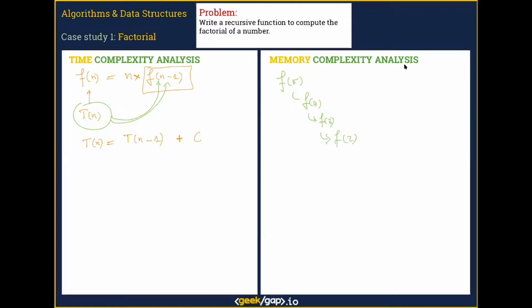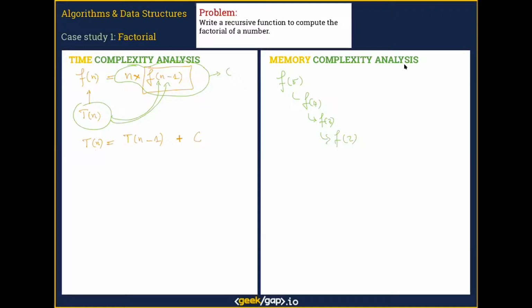If f of n minus 1 was given to us, it will be a constant time because it doesn't depend on n anymore. It's the time it takes to do this multiplication, which happens in constant time. But we have to take into account the time it actually took to compute f of n minus 1.